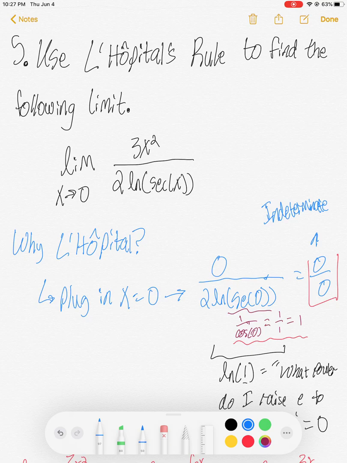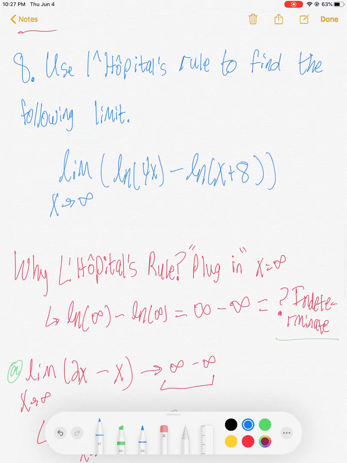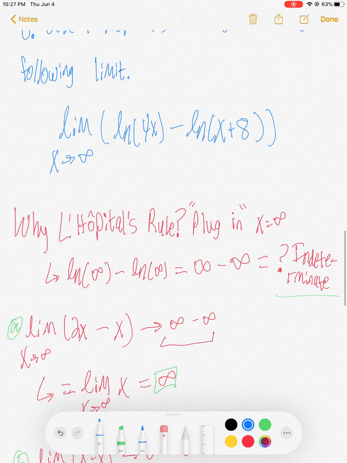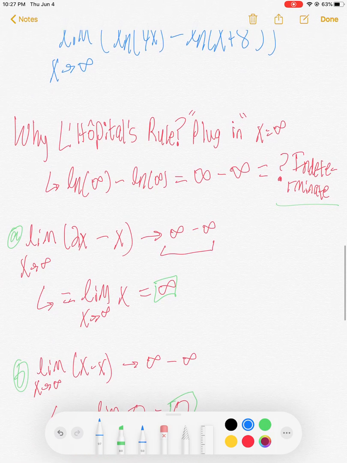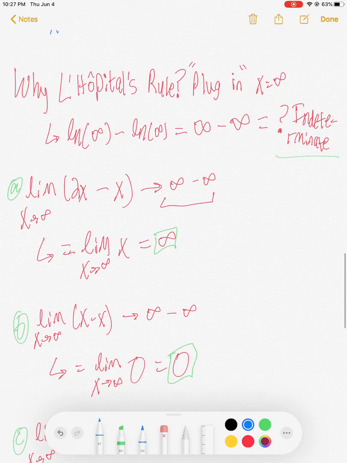So let's review this problem real quick. Again, this doesn't immediately jump out as a L'Hopital's rule problem. The previous problem, I think it would take us a minute to check this denominator, the ln of secant of x, but it certainly gives off L'Hopital's rule vibes because we have a fraction.